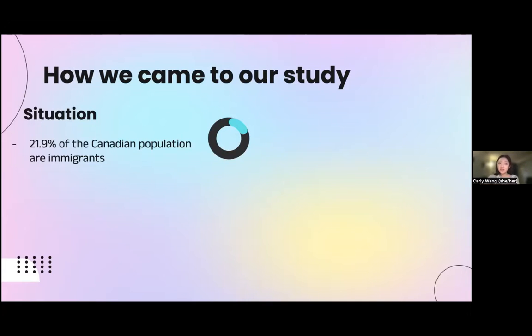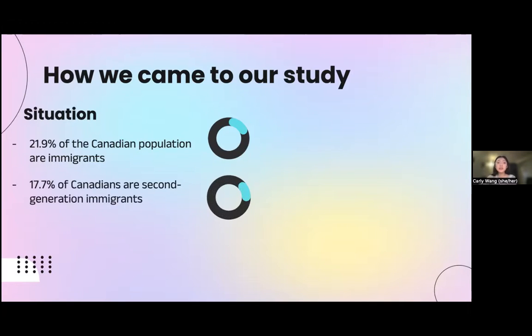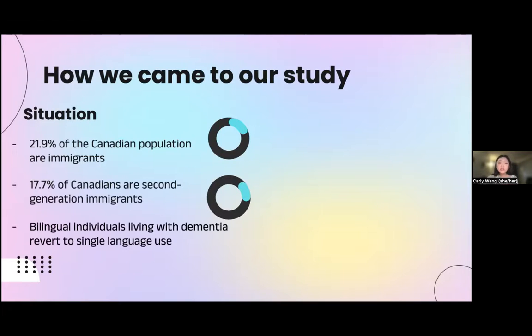So looking at Canada, Canada has a lot of immigrants, which is great. It is our strength. 21.9% of the Canadian population are immigrants. 17.7% of Canadians are second-generation immigrants. And I can imagine that number to be much higher where Lillian and I are from, which is Vancouver. And oftentimes bilingual individuals living with dementia revert to single language use, which I do see happen commonly in my hospital rotations.